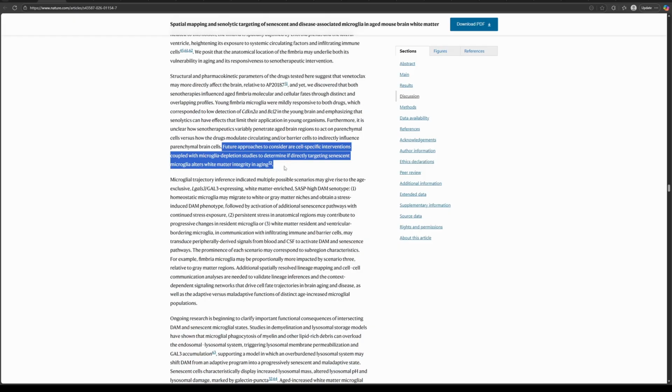But you also don't know fully how it's going to affect the specific tissues in every area of your body. And so if you just use these wantonly, you're not going to fully understand what it's going to do to your white matter, as it alters these microglia, and it might cause issues further down the line.